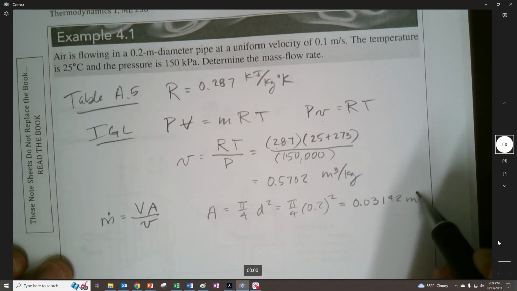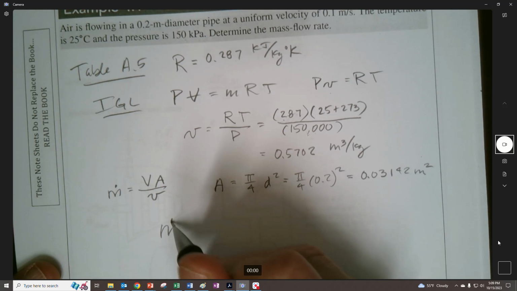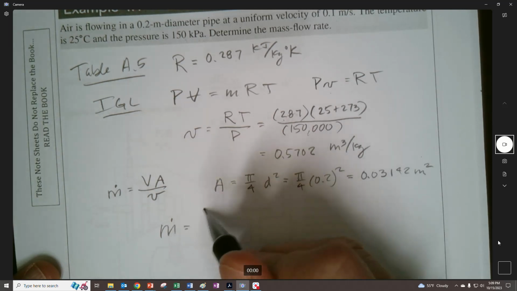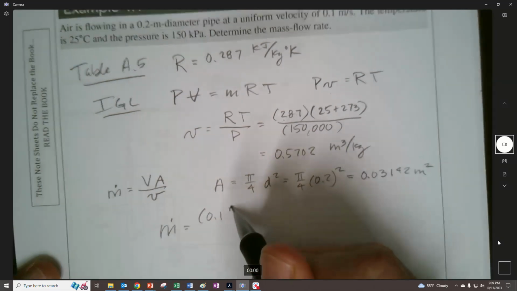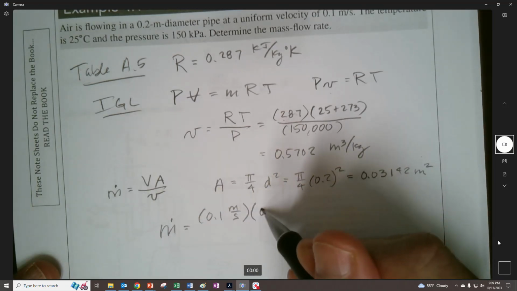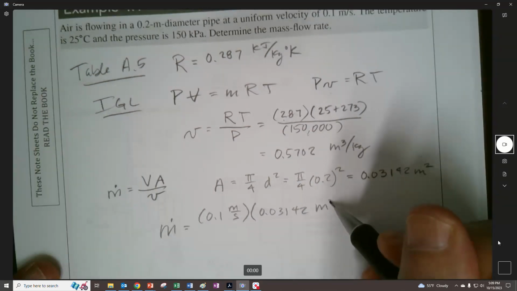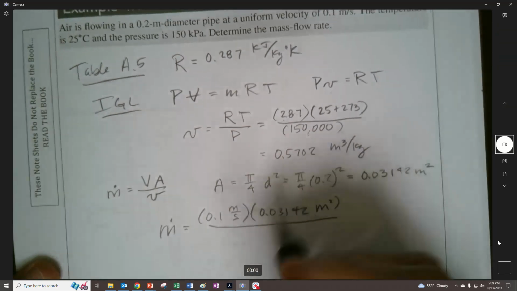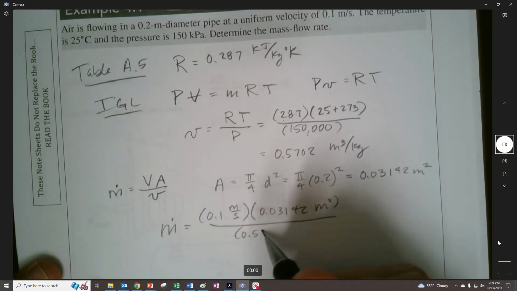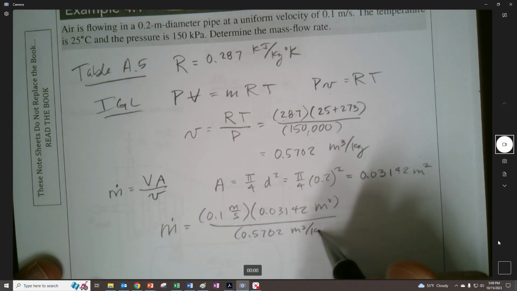0.03142 square meters. And so the mass flow rate is going to be 0.1 meters per second times our area, 0.03142 meters squared, divided by 0.5702 cubic meters per kilogram.